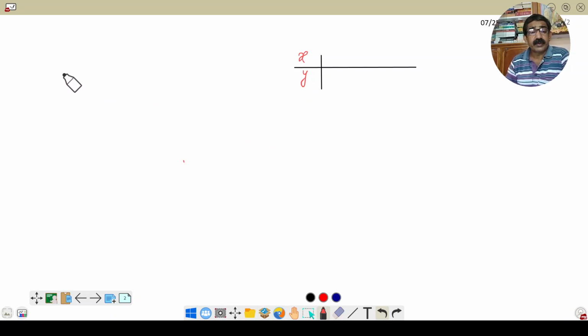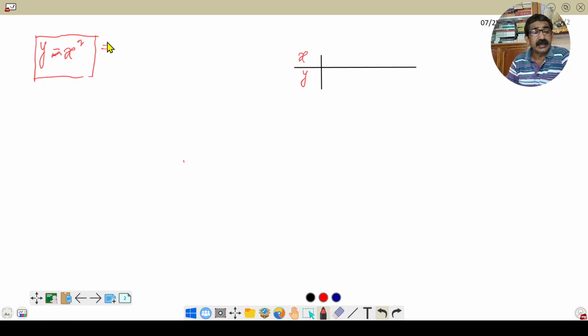Suppose we have a relation y is equal to x square. So this is the relation between x and y. Y is dependent upon x. When x changes, y also changes.